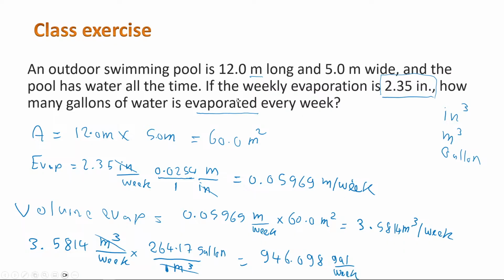How many significant digits should we have? Here we have 3 significant figures. Here we have 2 significant figures. Here we have 3 significant figures. So basically you need to express this with only 2 significant figures.